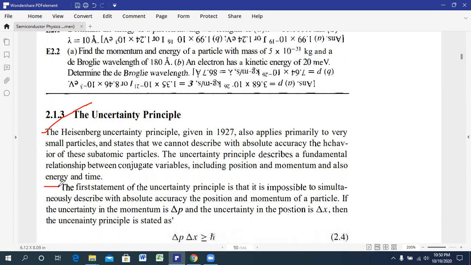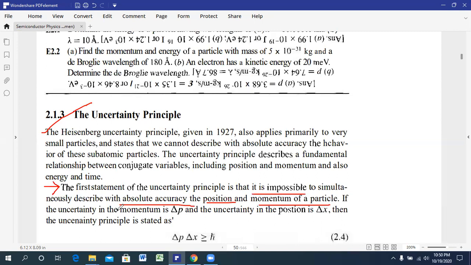The first statement of the uncertainty principle is that it is impossible to simultaneously describe with absolute accuracy the position and the momentum of a particle.